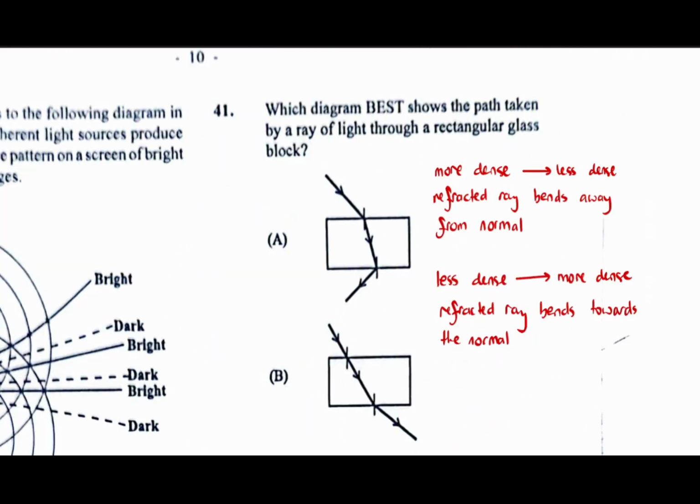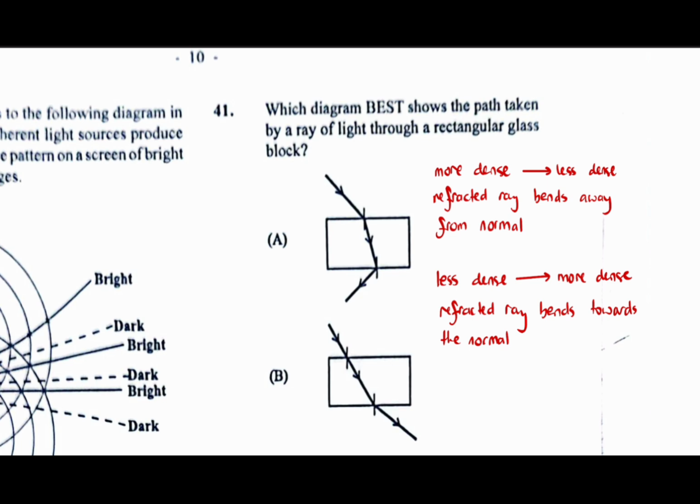Question 41. Which diagram best shows the path taken by a ray of light through a rectangular glass block? Just a couple pointers. If you are going from more dense to less dense, then the refracted ray bends away from the normal, which means your angle of incidence is going to be less than your angle of refraction.